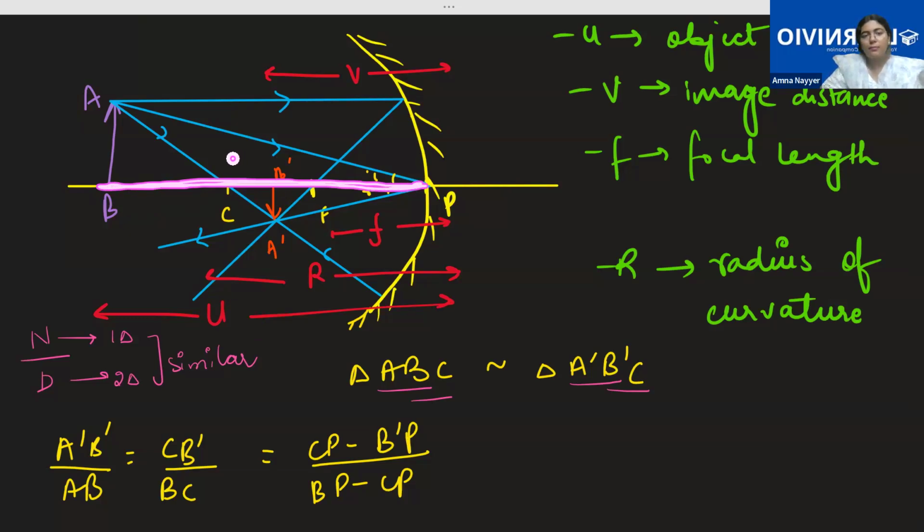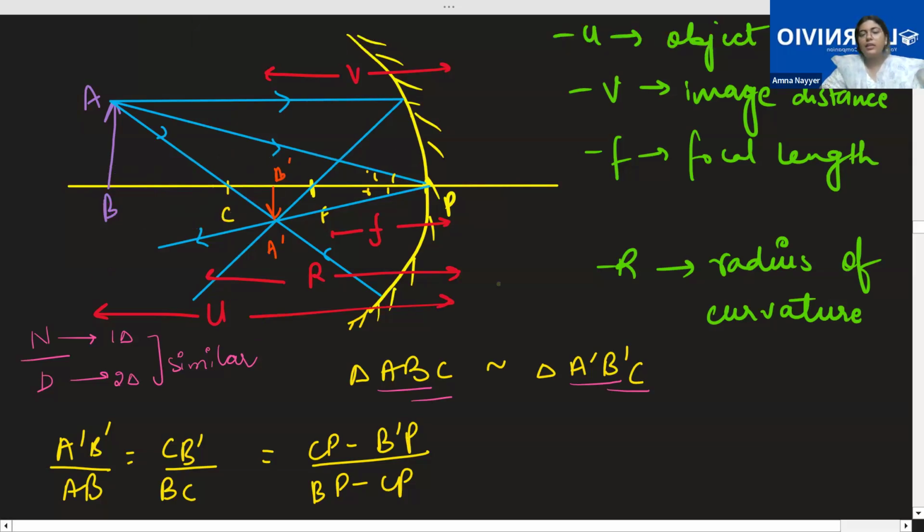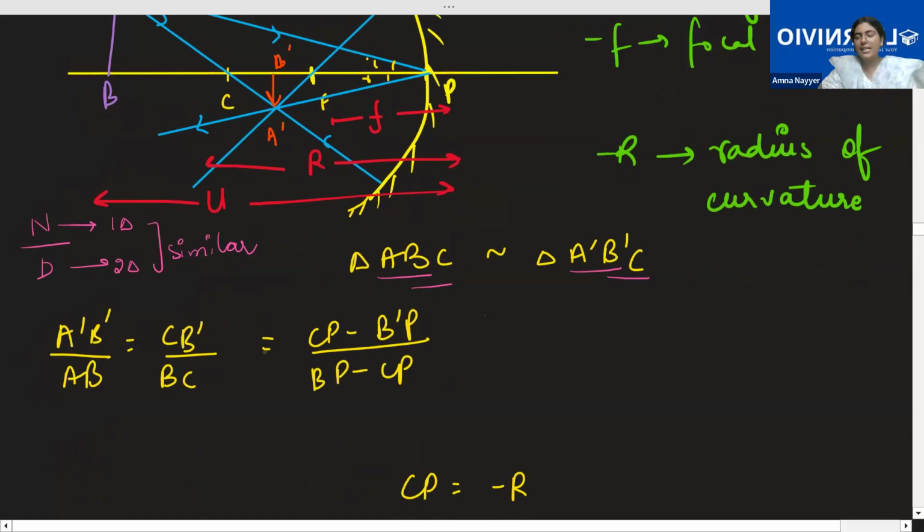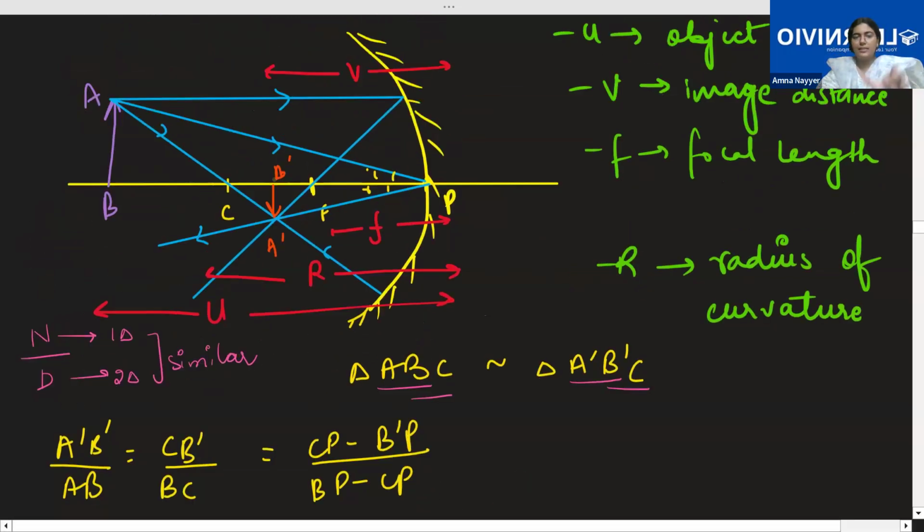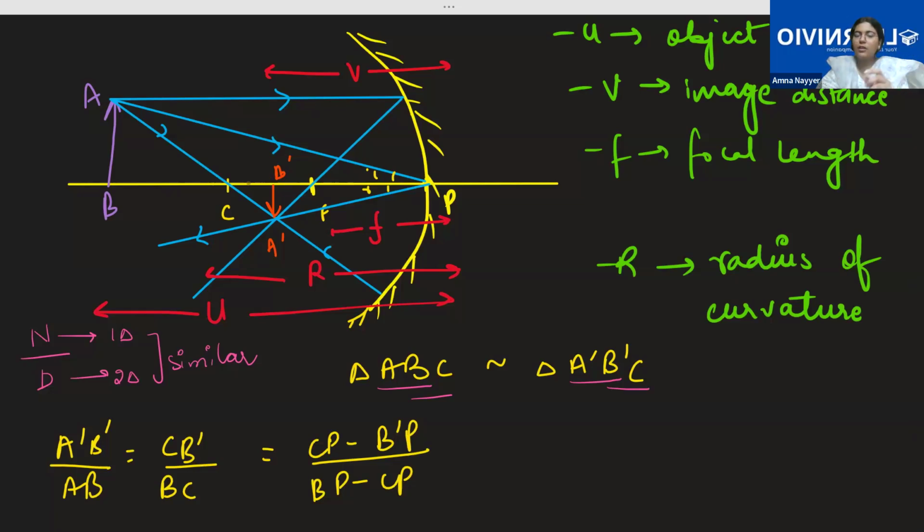So U minus R will give me this part. So CB dash is written as CP minus B dash P, and BC is written as BP minus CP. CP minus B dash P, BP minus this CP will give me all these things.